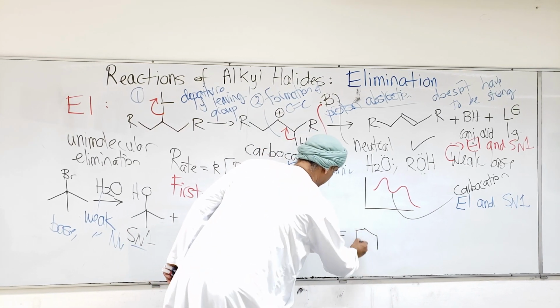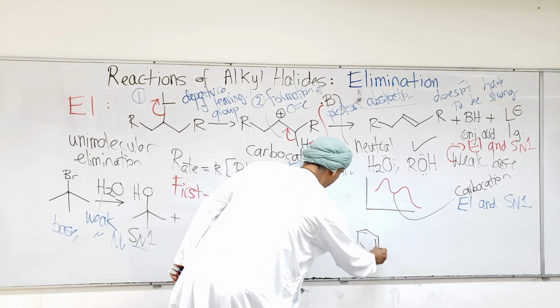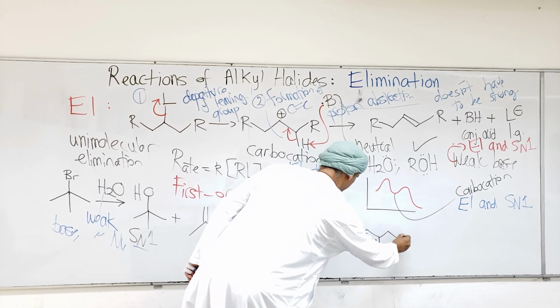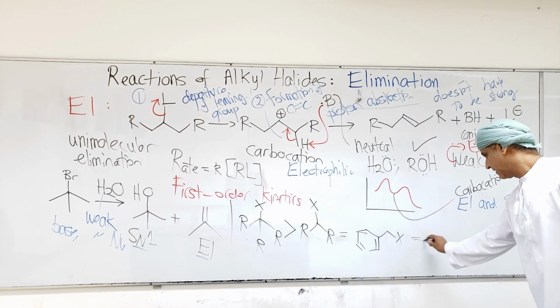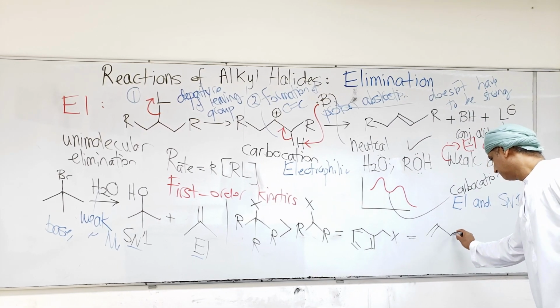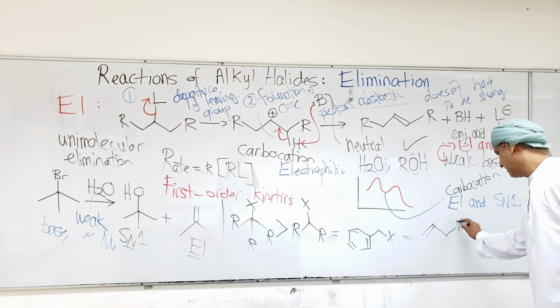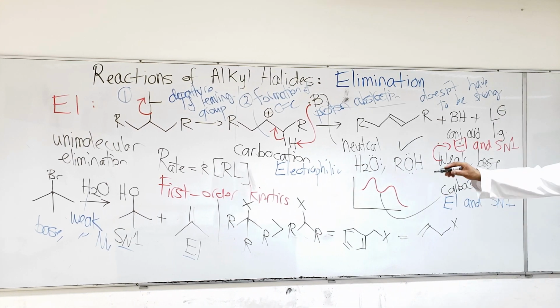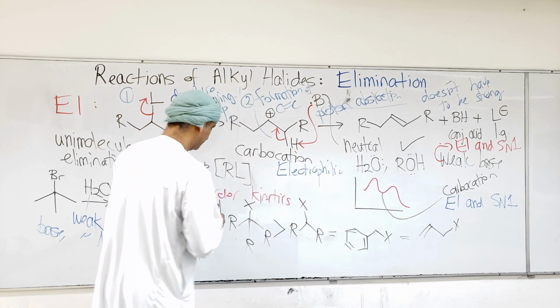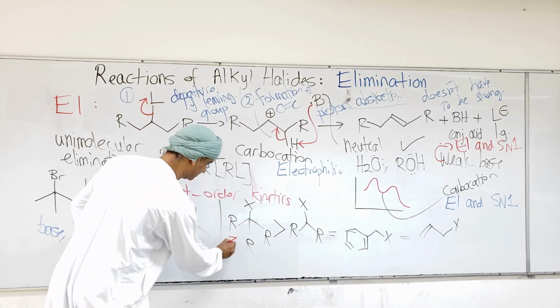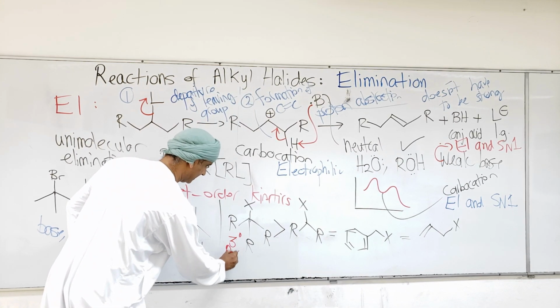When we then add to them benzylic substrates, if you remember, and also allylic substrates, these are the most suitable: tertiary, followed by secondary. So this is a tertiary alkyl halide.